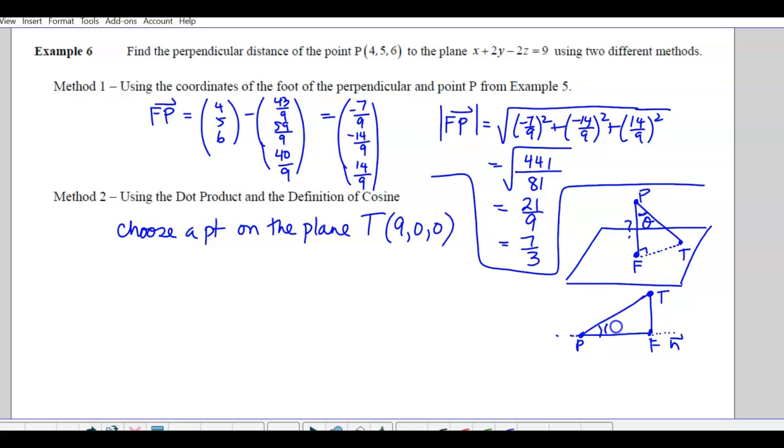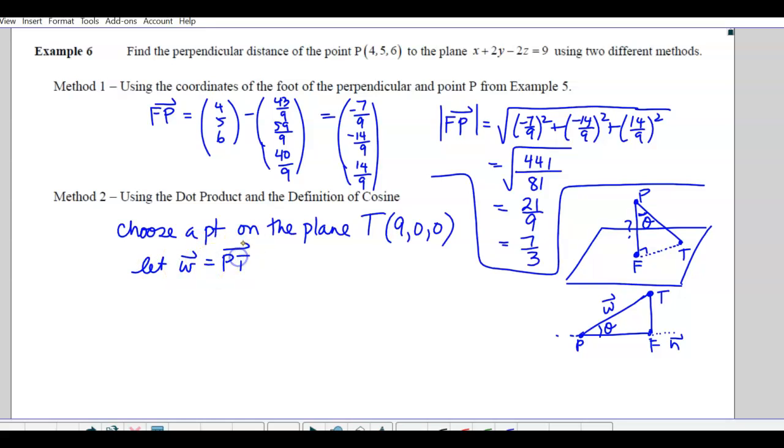This is going to be our angle theta. I'm just going to call PT W, because it's a little easier in terms of labeling. So I'm going to let W equal vector PT.